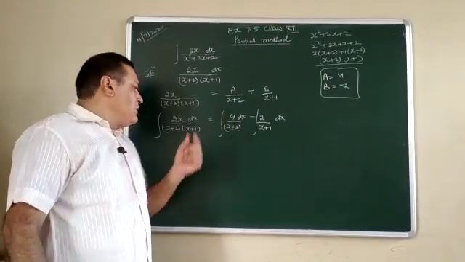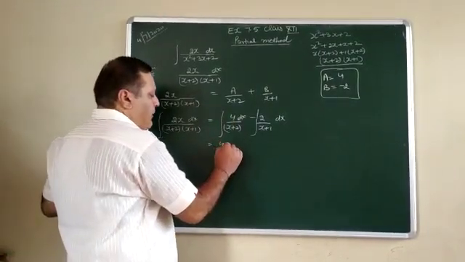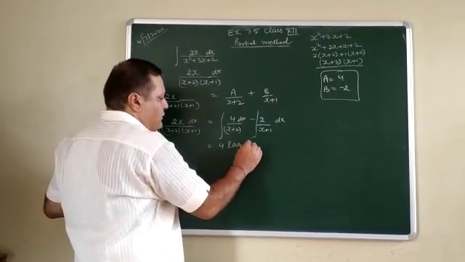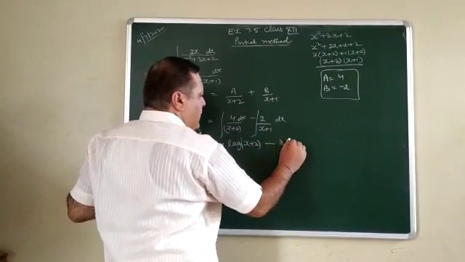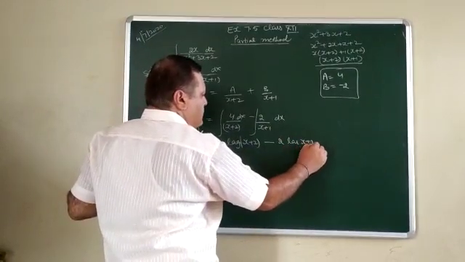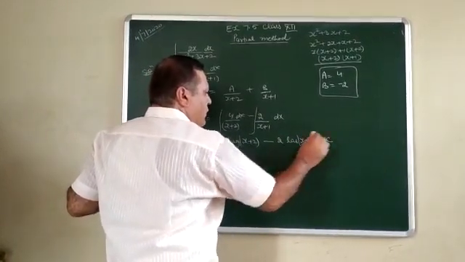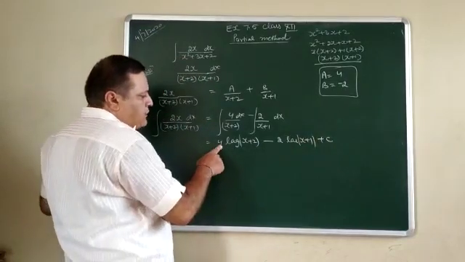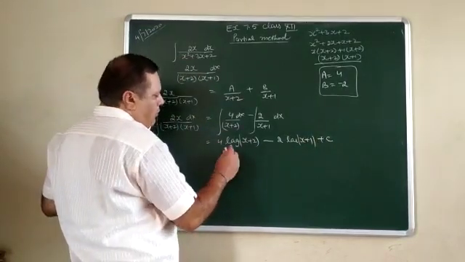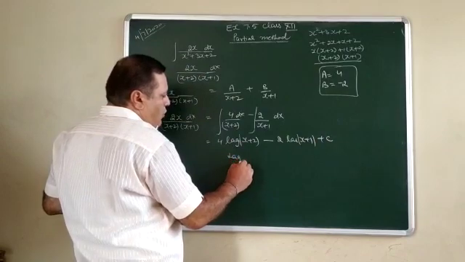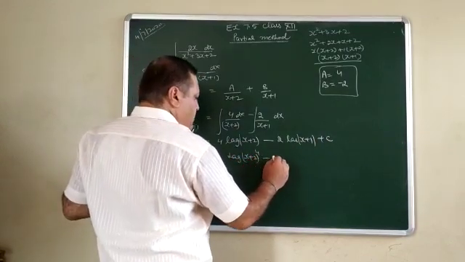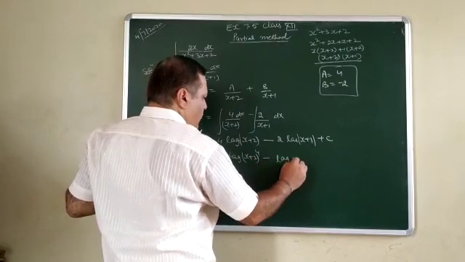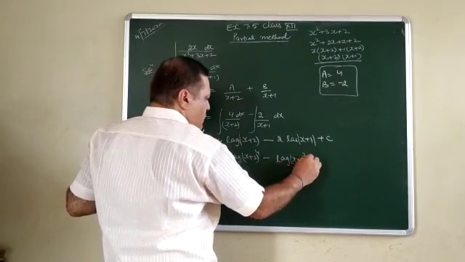Now this 4 is a constant, so this 4 is kept outside. Its integration is log of x plus 2, minus 2 outside, log of x plus 1, plus c, the constant of integration. Now if you want to simplify more, it is log of (x plus 2) to the power 4 minus log of (x plus 1) whole square.